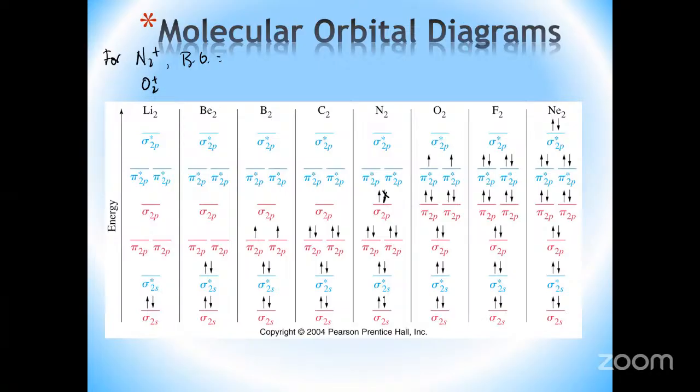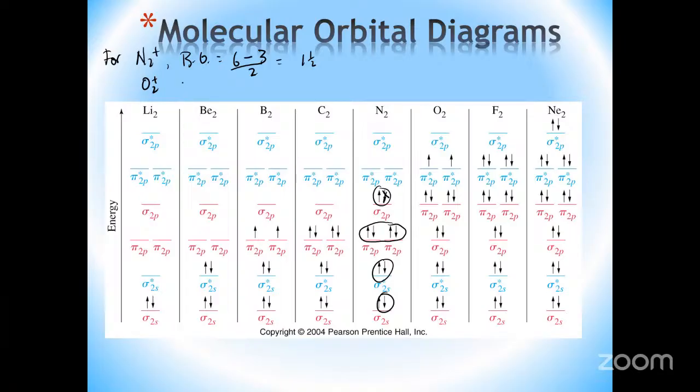That would be 2 plus these 4, so that's 6. So 6 minus, and then the number of anti-bonding electrons would be 2 plus 1, 3, right? So we divide that by 2. So that would be what? 6 minus 3, that's 3. Divide by 2, so that's 1.5.